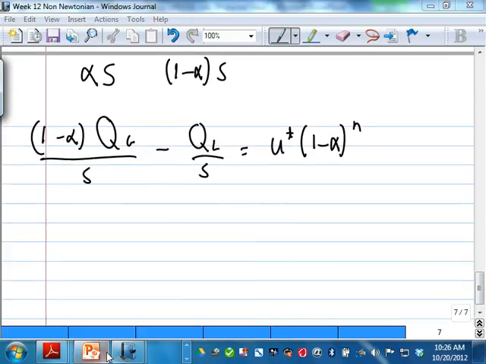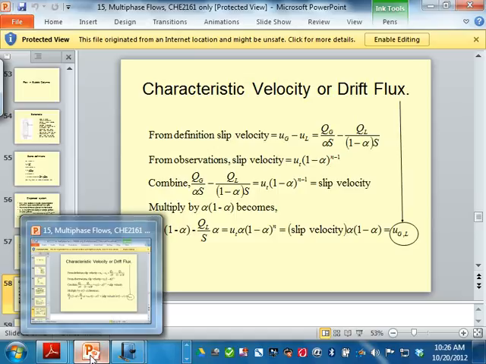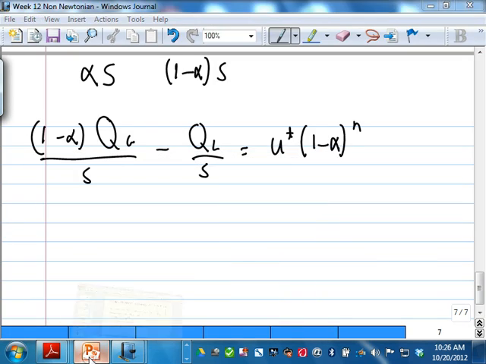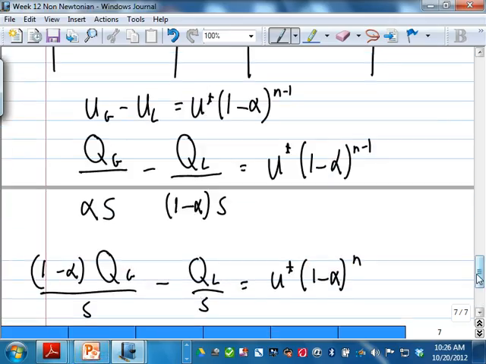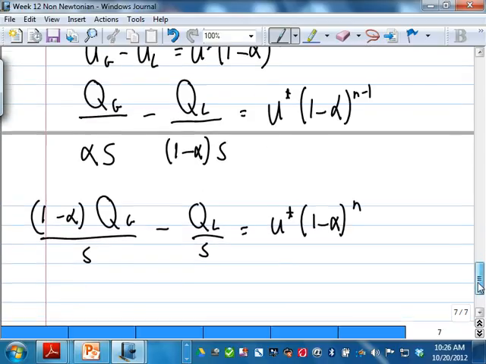Okay? Then after that, do what? Hey, how come they get alpha? Oh, sorry. Multiply by alpha 1 minus alpha on both sides.